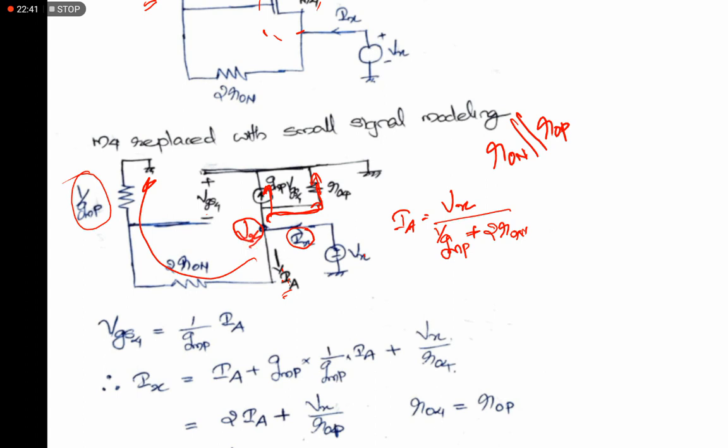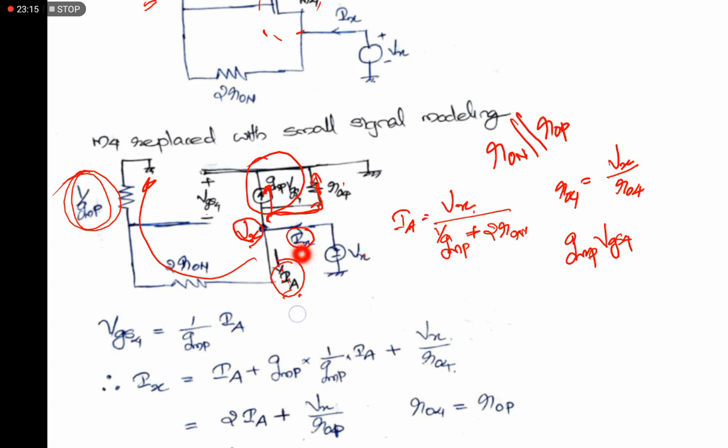As this is Vx, current through R04 is Vx divided by R04, and this one is GMP VGS4. So VGS4 we need to express in terms of Vx. Here we can express VGS4 in terms of Ia, that value is Ia into 1 by GMP, and Ia is expressed in terms of Vx. So we can convert all the currents in terms of Vx, and then we can find the output impedance.